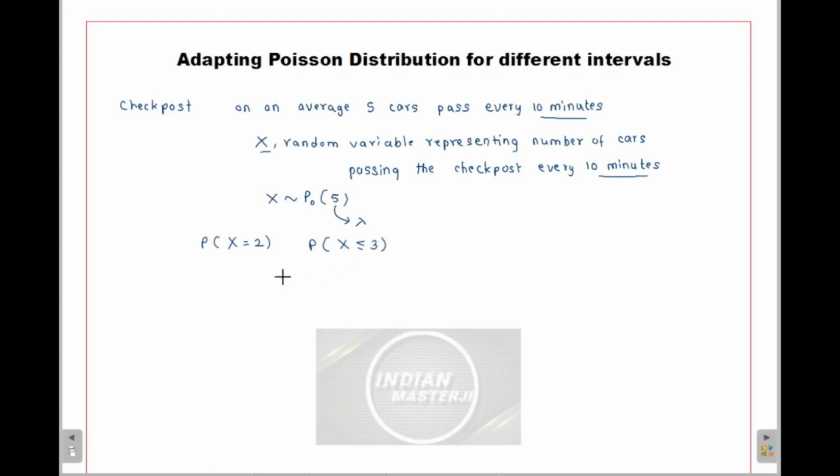But if they ask you to find the probability that less than 3 cars pass through the check post in a randomly chosen 1 hour.